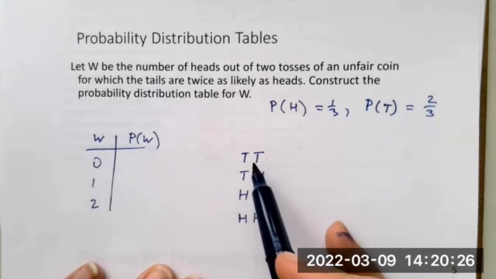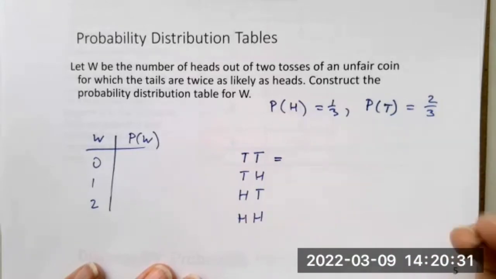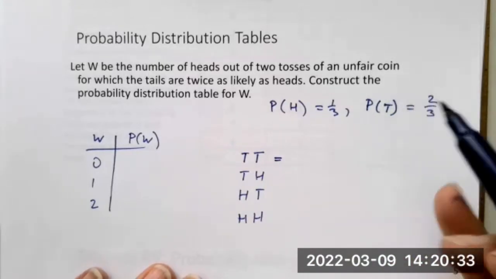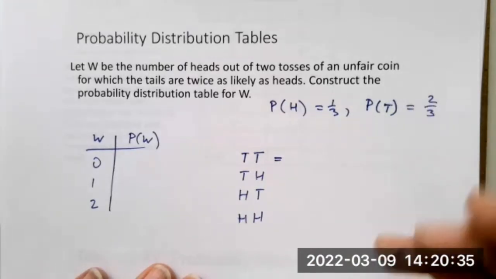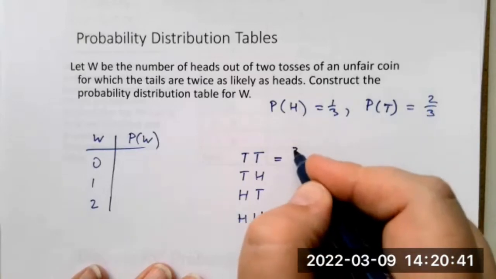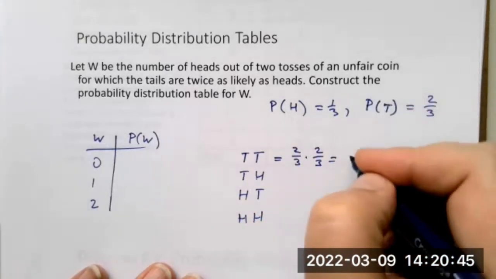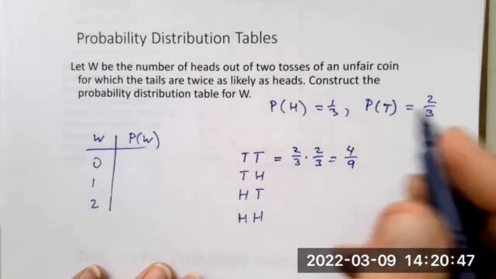In case of 0 heads, we get tails and tails. What's the probability of that? Well, again, remember that's 2 events, 2 selections. Applying our fundamental counting rule, we're going to have 2/3 multiplied by 2/3. That gives us 4/9.